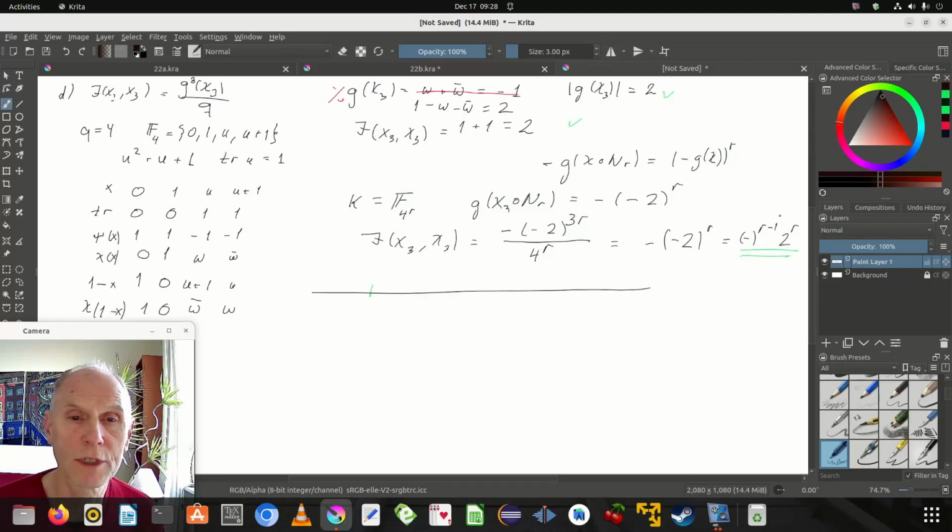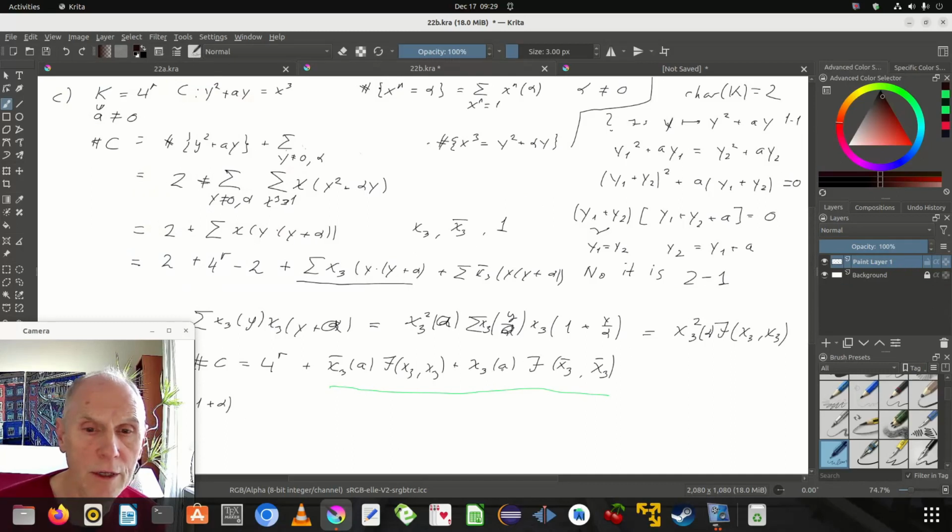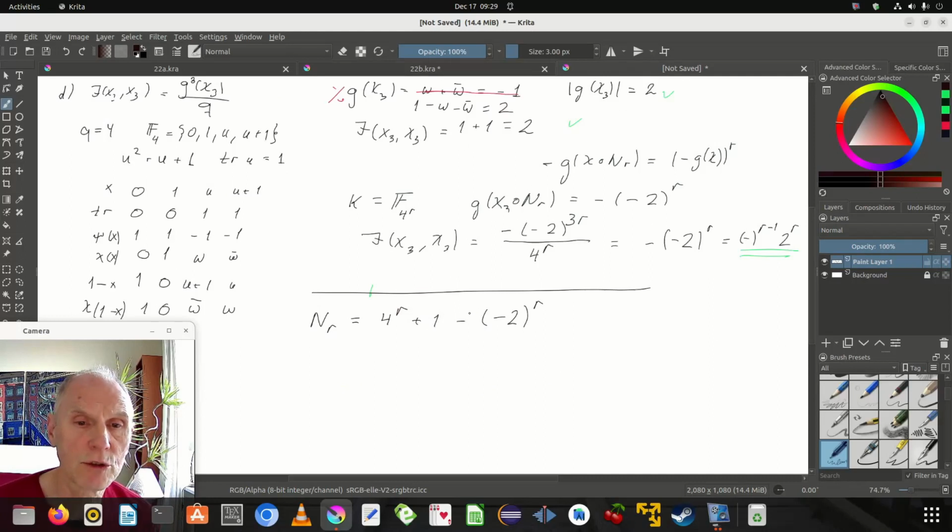Let's just make a new section here. NR equals 4 to the rth plus 1 plus, then we use this formula, minus 2 to the rth, and where was it? It's here. And then the complex conjugate, which is the same, so it's just a factor 2.